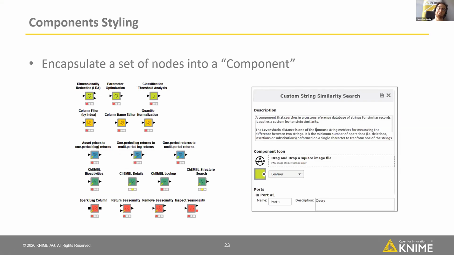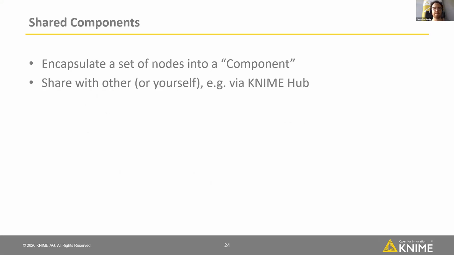Also the metadata and the description of what it does are something you can add. But once this component is created, you also want to make it robust. You want to make it in a way that can be controlled, right? And also you want to share it on the KNIME app. So how do you share it on the KNIME app?